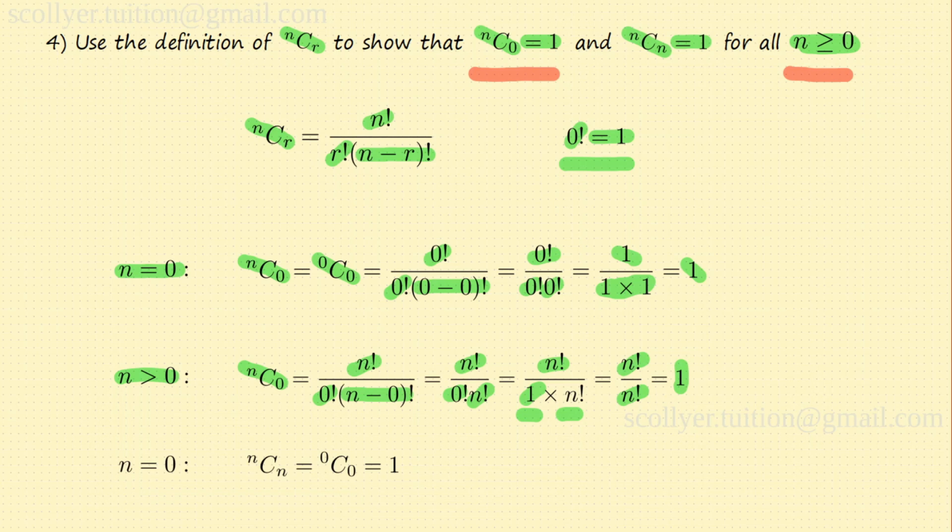We now have to show that n choose n equals 1 for all n greater than or equal to 0. But if we first consider the case where n equals 0, then n choose n becomes 0 choose 0, which we have already shown to be equal to 1. So we're done for the case n equals 0 already.